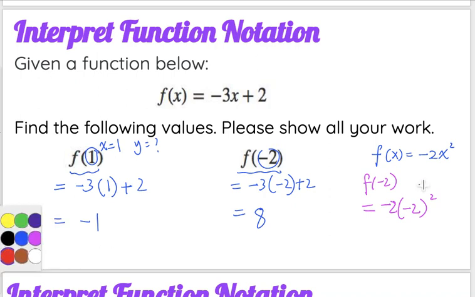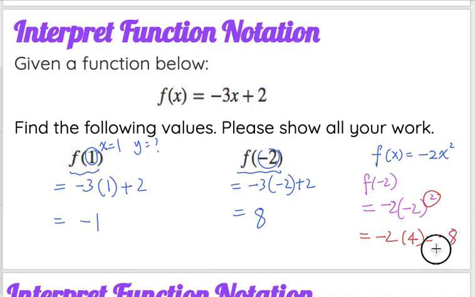Since x is negative, I put parentheses around it. And when we work on the order of operations, we know that exponents work first. So I'm going to do -2 squared, which is -2 times -2, which is 4. Then we continue, and the final answer is -8. I just want to use this example to show you how we evaluate the function, but be careful when you work with exponents.